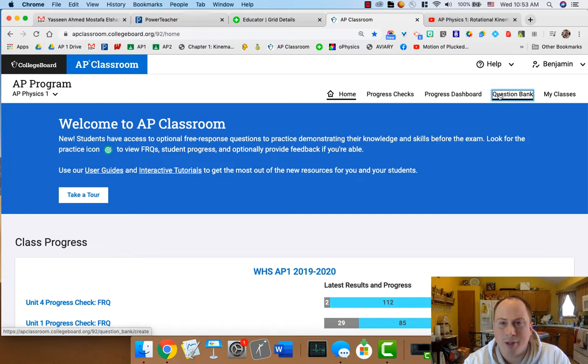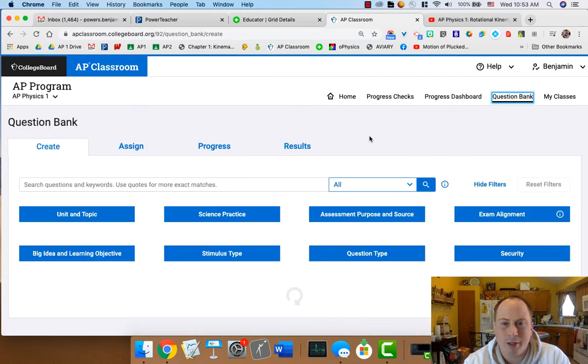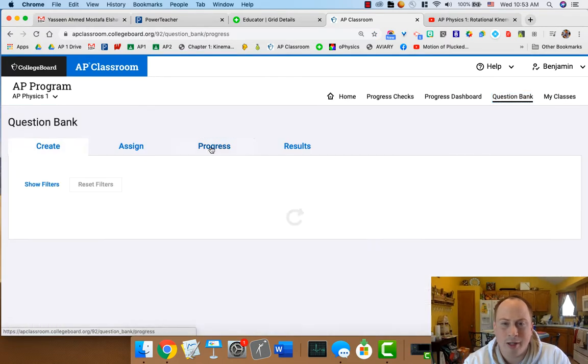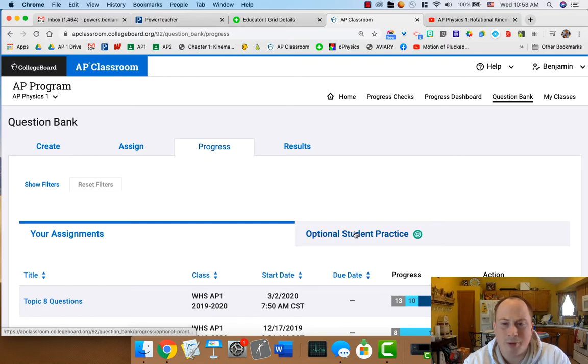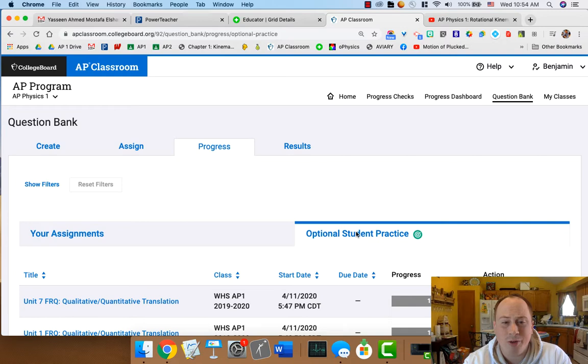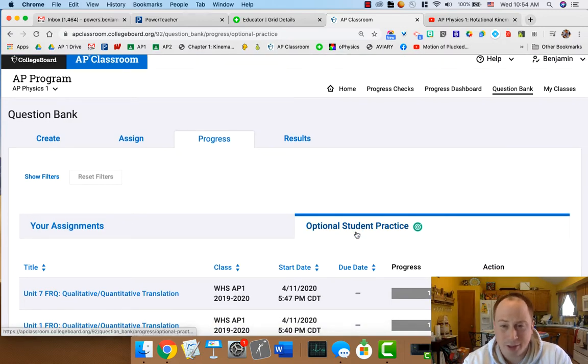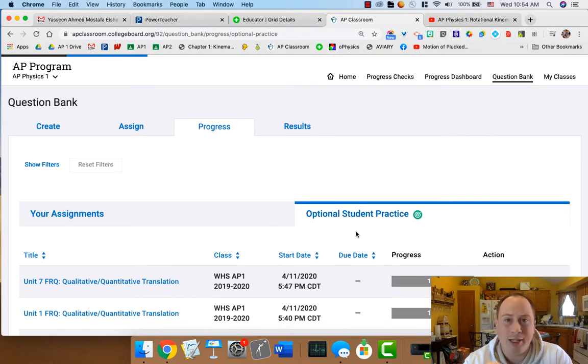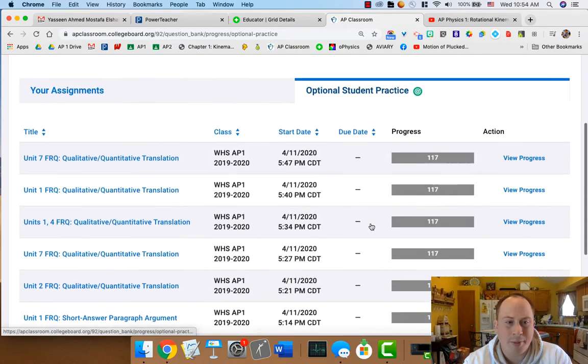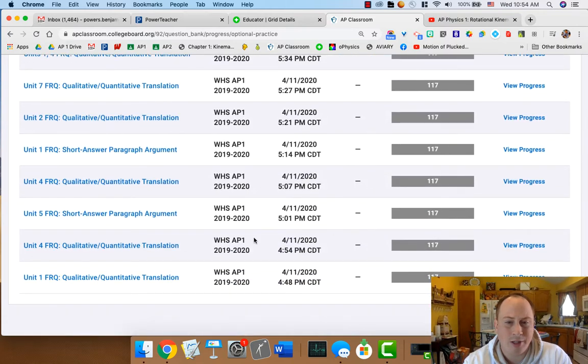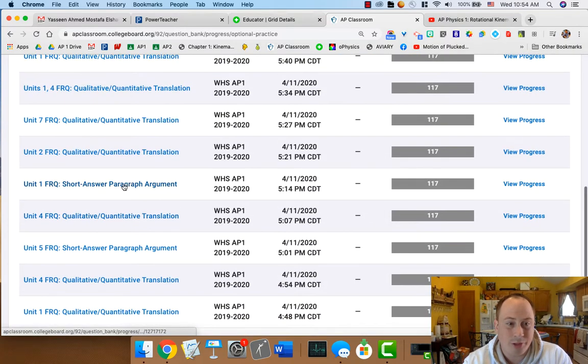For me, I have to go to this question bank, and under progress I can find them here, but there's this optional student practice. I don't know where this is located on your end. It might be within each chapter or down the side, but look for that green icon. There's this optional student practice, and you can start to chip away at these.